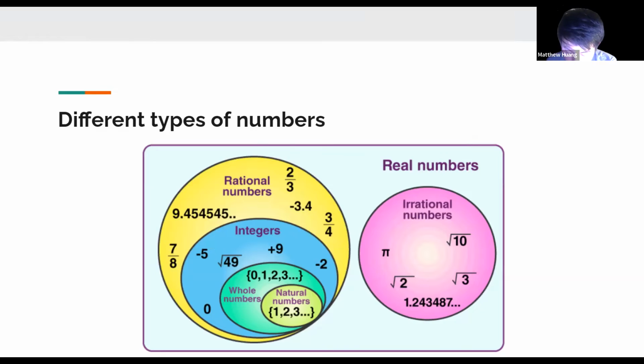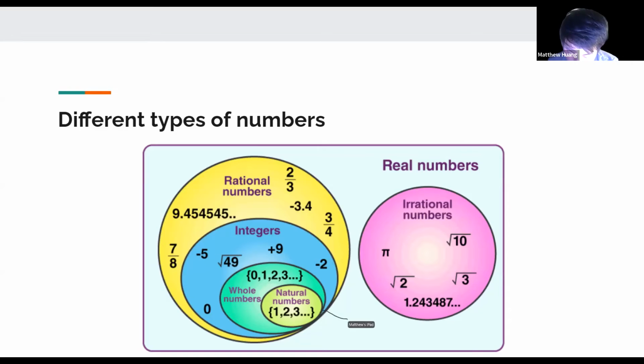As long as they come out without a point something something something after it, that would be considered an integer. For whole numbers, their definition is weird. Whole numbers are all the non-negative integers, including 0, such as 0, 1, 2, 3, 4, 5, 6, 7, onwards. So -5, even though you might think it's a whole number, is not.